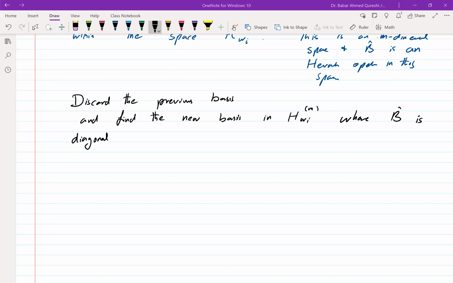Well, the operator A still remains diagonal, because all the elements in this subspace were its eigenvectors to start with. And when I pick a new basis in this subspace, they are still its eigenvectors. And these new vectors are by choice still orthogonal.